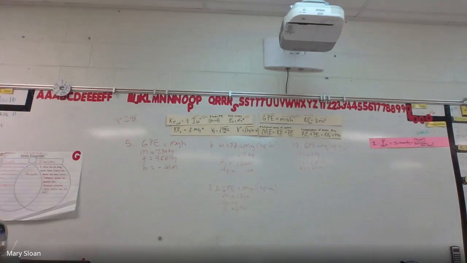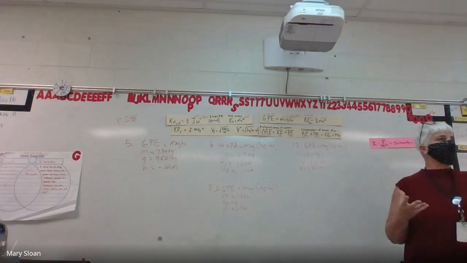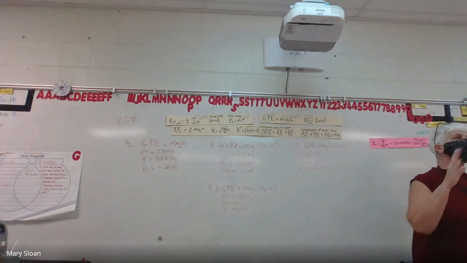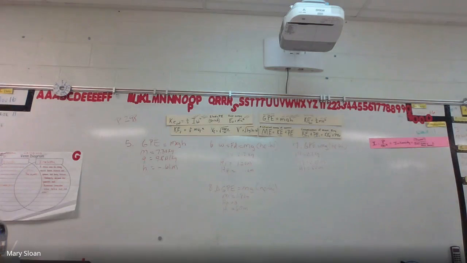But we're talking about gravitational potential energy, where gravity has the potential to drag it down, okay? So yesterday, we drew different scenarios that are back there on the board, like a ball being thrown up, a softball being hit, a car, things like that. So now we're going to do the math here.